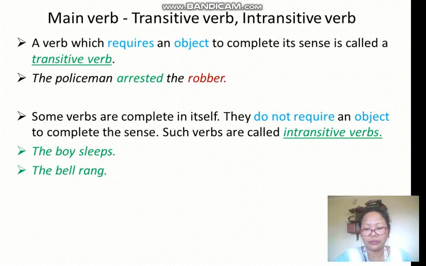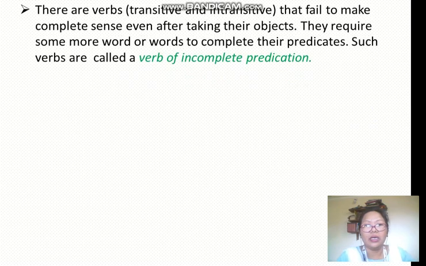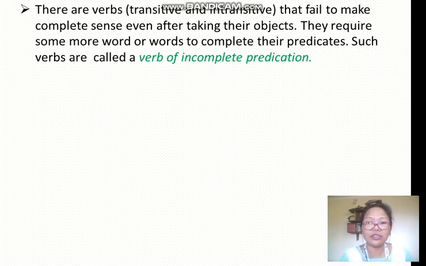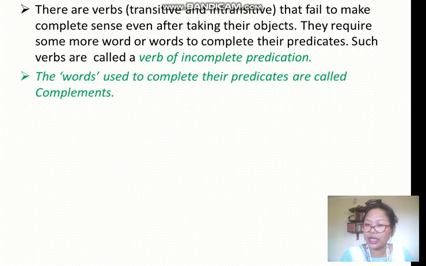Now there are some verbs which can be transitive or intransitive. They fail to make a complete sense even after taking their objects. They require some more word or words to complete the predicate of the sentence. These verbs are called verbs of incomplete predication. Please remember this.